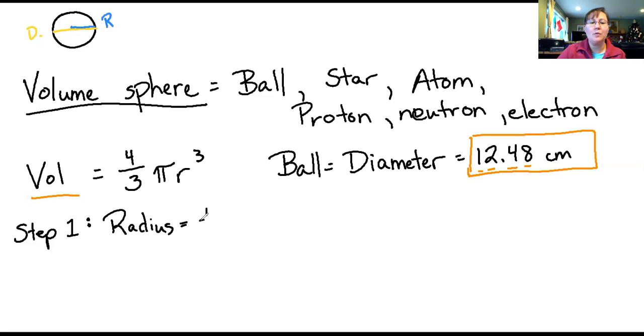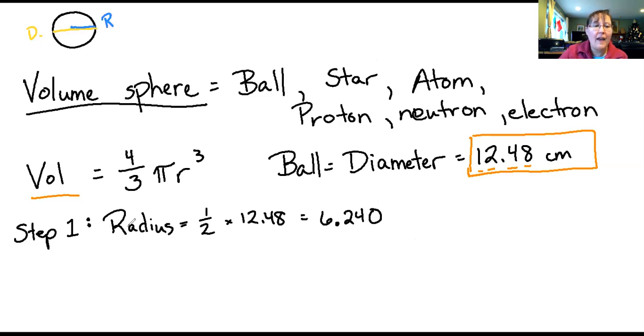So the radius is equal to 1/2 of the diameter, or 12.48 divided by 2. So I get 6.24. However, I have to remember that I actually have 4 significant figures here, and here I've only written 3. I am confident this much because of my significant figures, okay? And 6.24 versus 6.240 isn't different as far as numbers go, it's just different as far as our confidence goes.